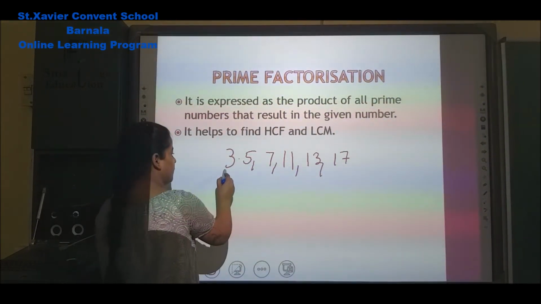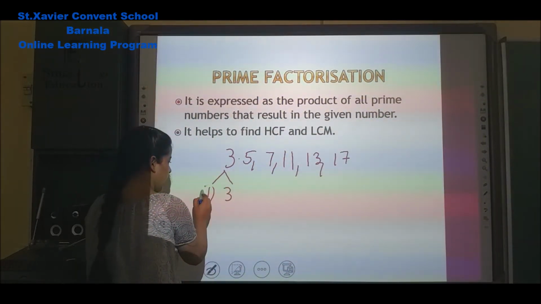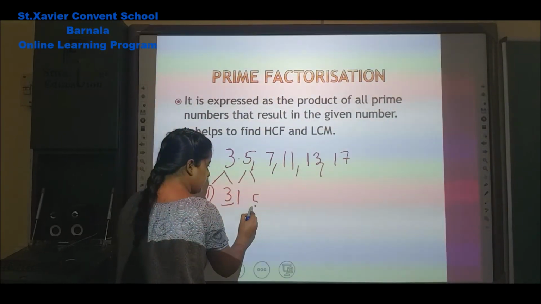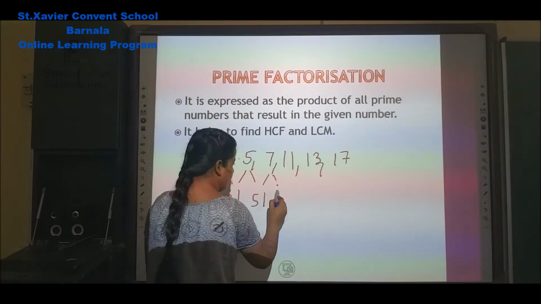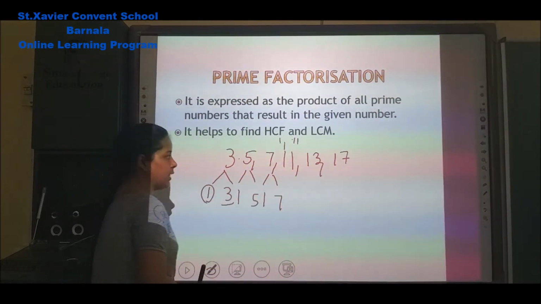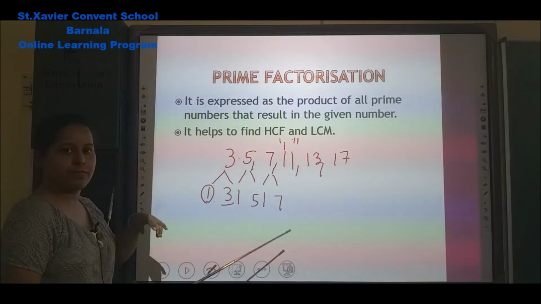These prime numbers have two factors, 1 and the number itself. These are prime numbers. It helps to find the HCF and LCM.